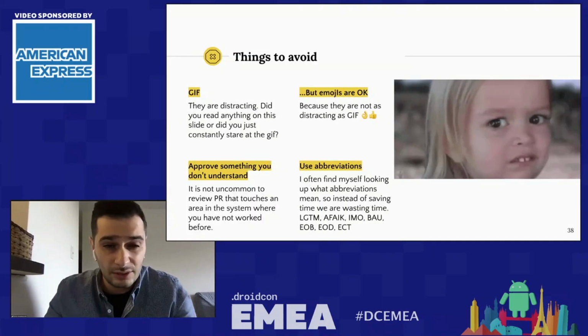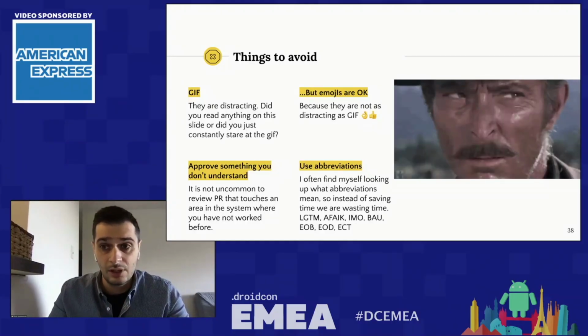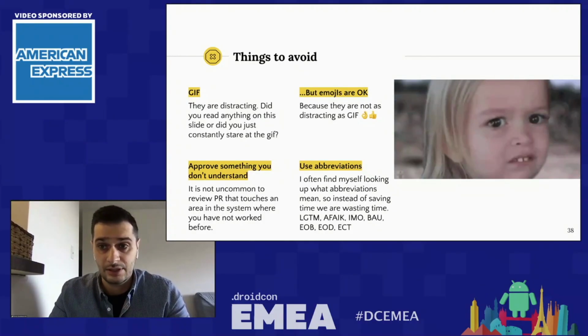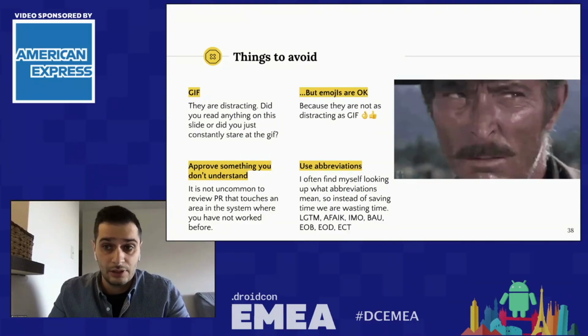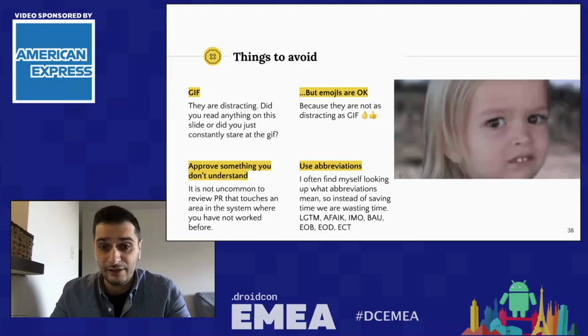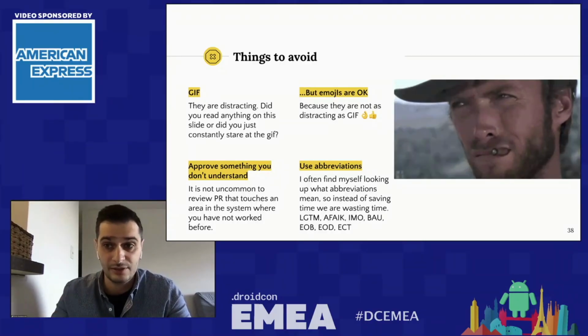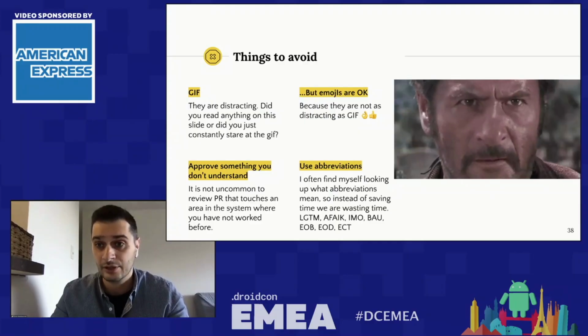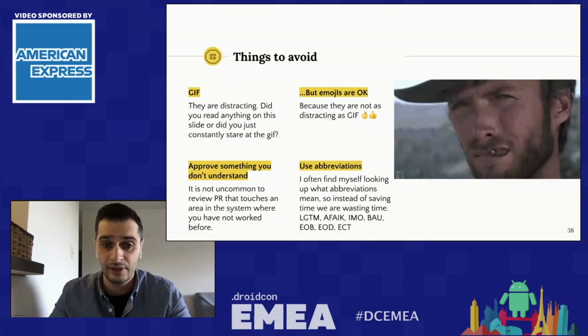So we talked about things that you should do. Let's talk a little bit about things that you shouldn't do. I would have loved to give this talk in person. Unfortunately, I can't. The reason I say that is because I would have asked for a show of hands of the number of people that are actually looking at the text and the number of people that are looking at the GIF.